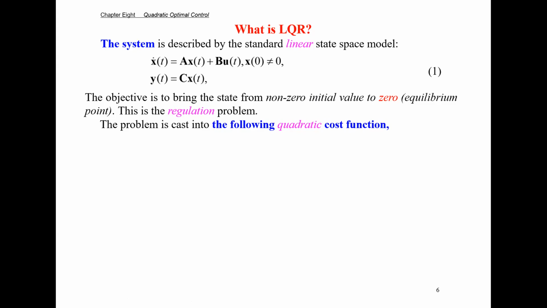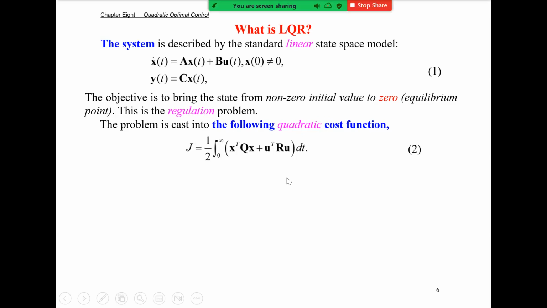But of course, there are many types of stabilizers that make it work, so we want to pick the best. Among all of the stabilizers, we want to minimize a quadratic cost function. Here is the mathematical form of the cost function.